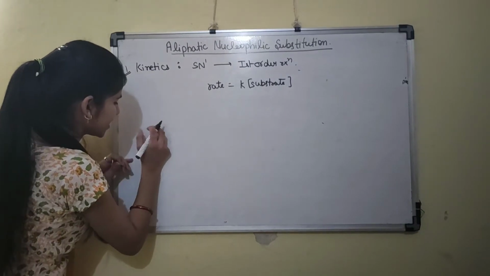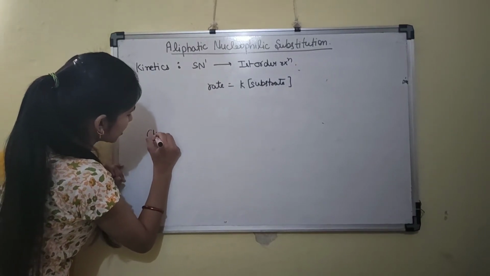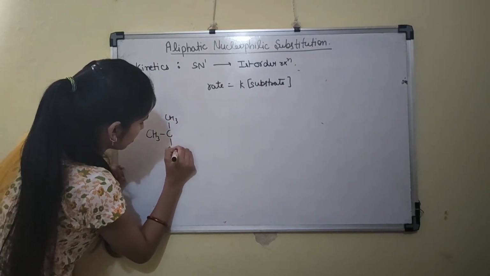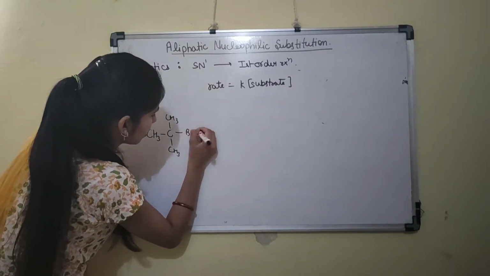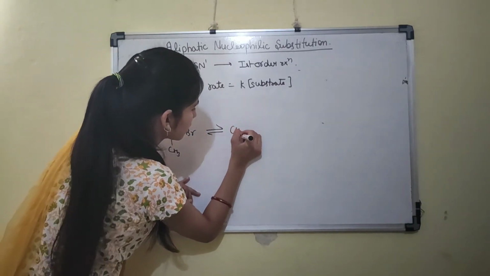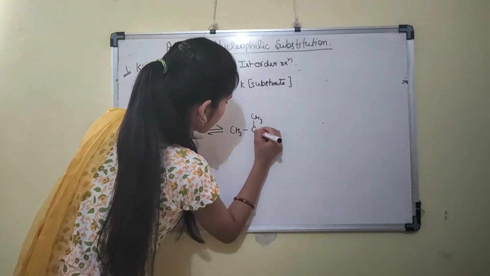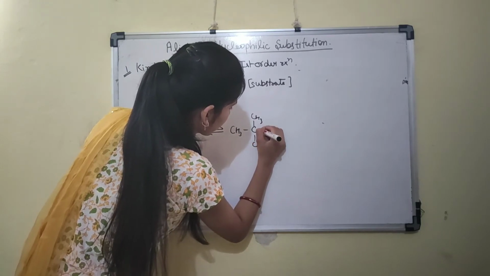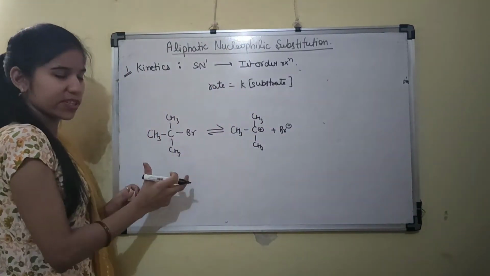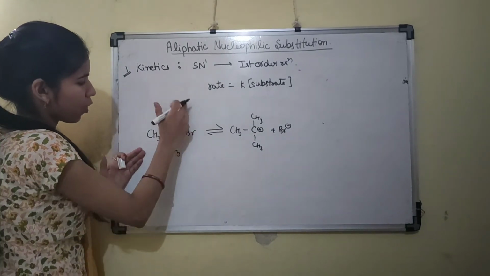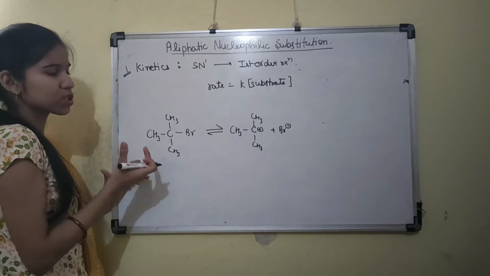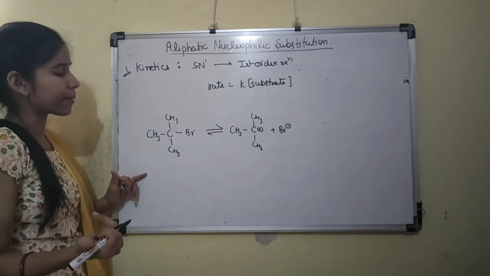In this we see that only the substrate is included in the first step, which is the slow step and rate determining step.